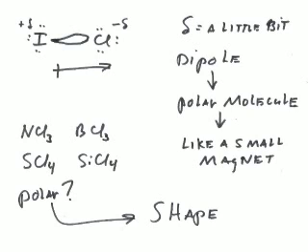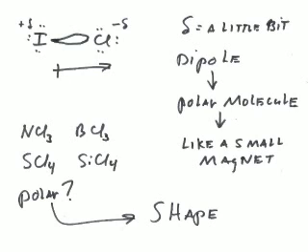Now, consider these four molecules: nitrogen trichloride, boron trichloride, sulfur tetrachloride, and silicon tetrachloride. All of these molecules have very polar bonds in them. And so the chlorines are pulling electrons away from everything else. So we have polar bonds. But we don't have polar molecules.